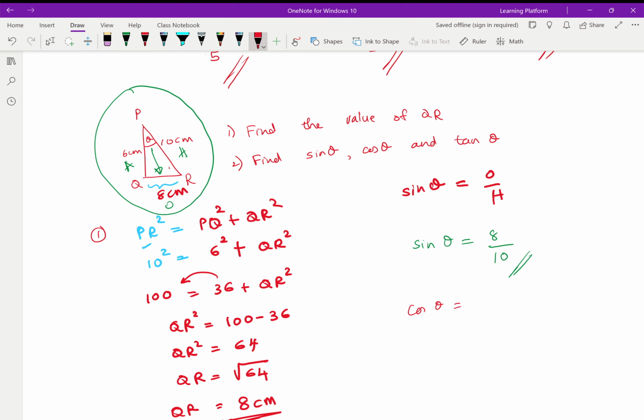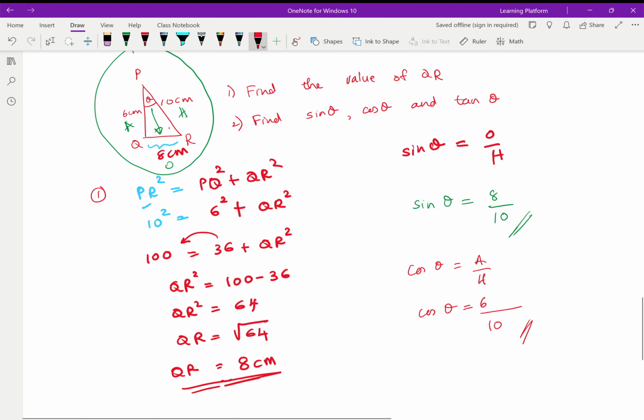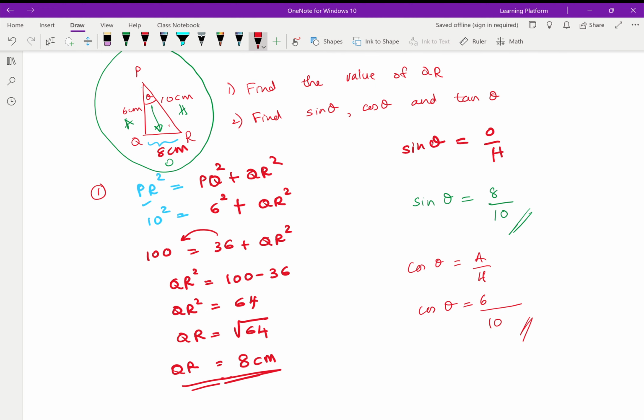Cos theta is adjacent over hypotenuse. Adjacent is 6 centimeters over 10 centimeters, right? So I will write 6 over 10. You can simplify if you like. 6 and 10 you can cancel by 2.